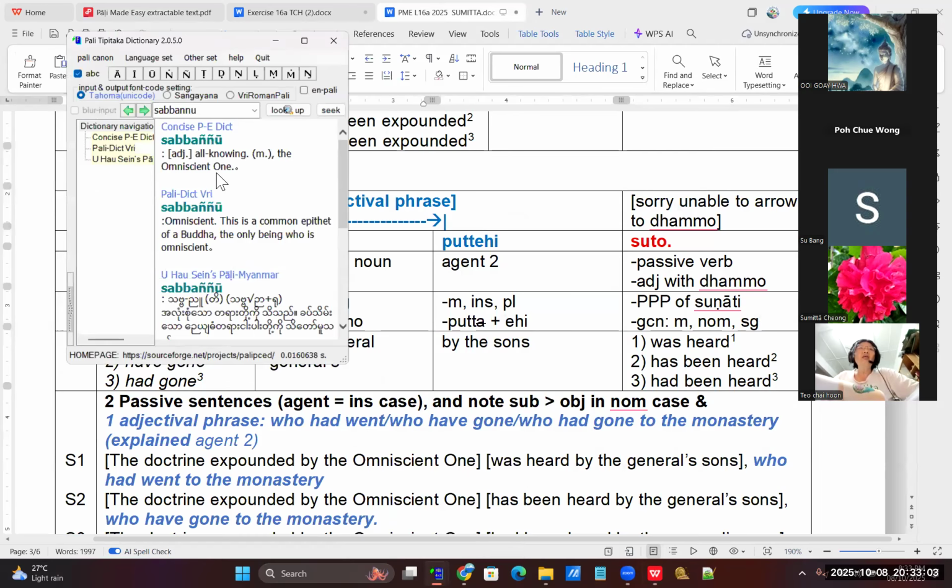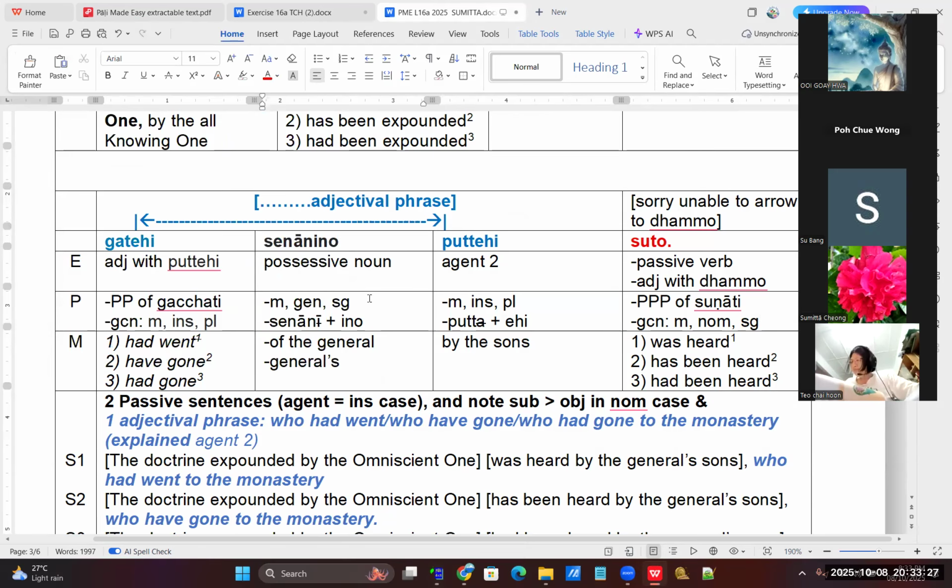Sabanyu. The noun itself ends with a long u. So that's why when you learn declension, there are some with a long I, some with a long U, right? So this is something that you all should understand.